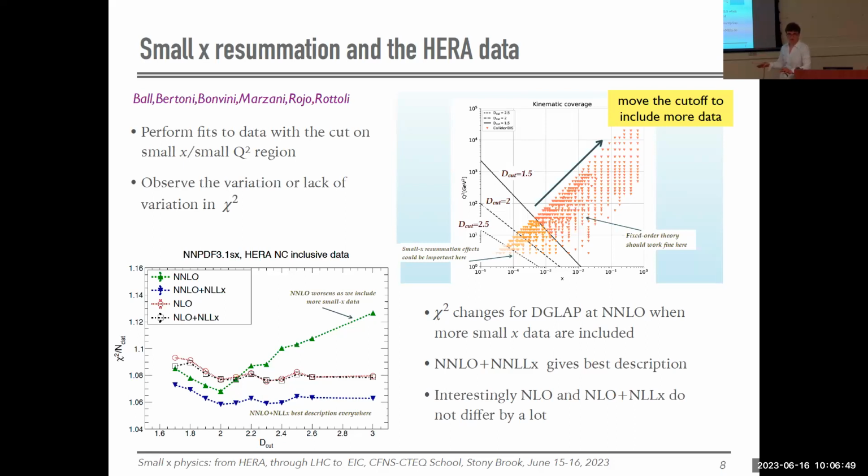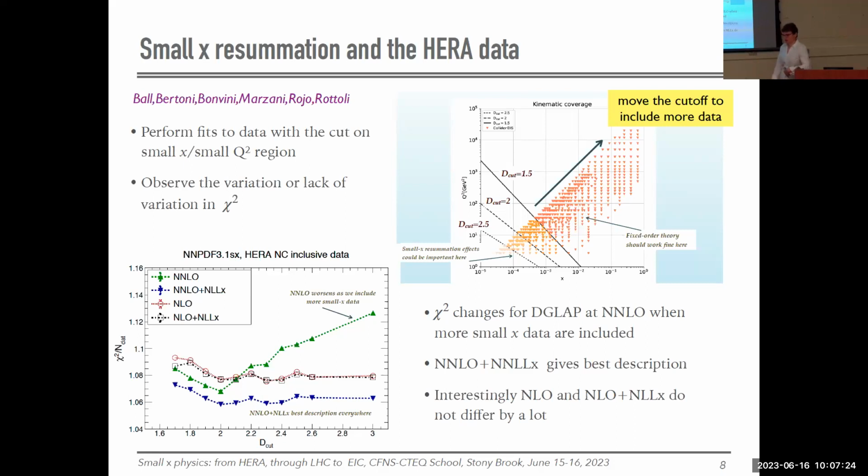For example, this was the Golec-Biernat and Wüsthoff model, where they looked at this, made the prediction and compared with HERA data. I don't have a plot here, but what they showed is that this ratio was actually flat in some kinematic region. I wouldn't say that it was evidence, but it was at least not excluding saturation completely.